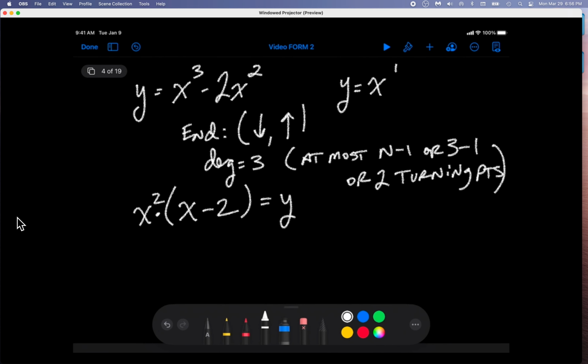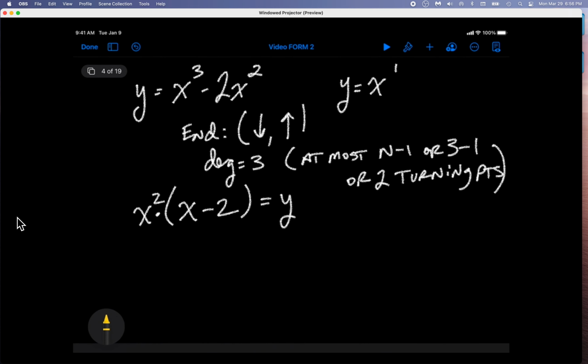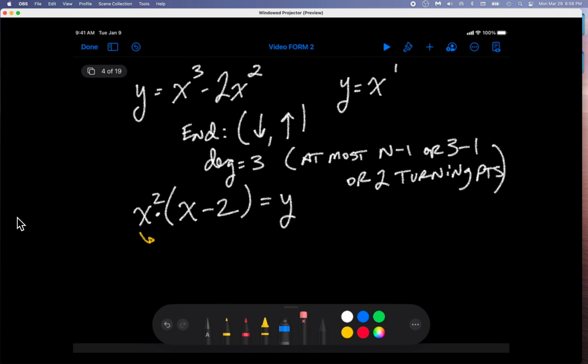Then what you do, folks, is you take each factor and you set it equal to 0. You want to know where y is going to be 0. So you place 0 for y and then ask yourself, what is going to make this equation 0? Well, if x squared equals 0, 0 times whatever's in here is going to be 0.